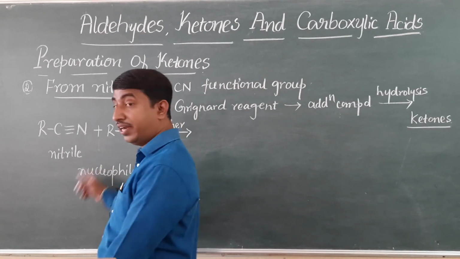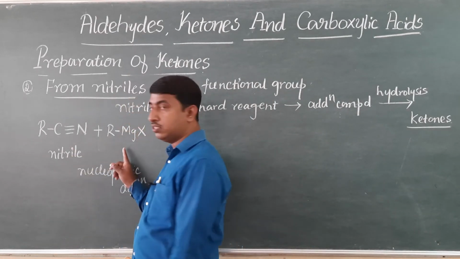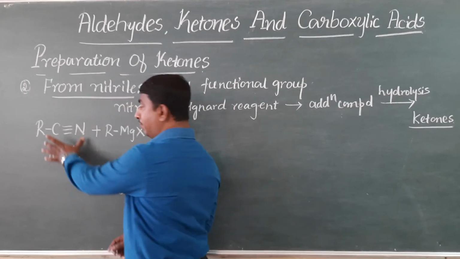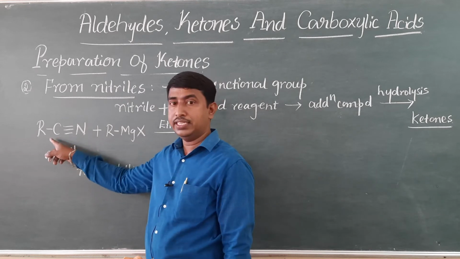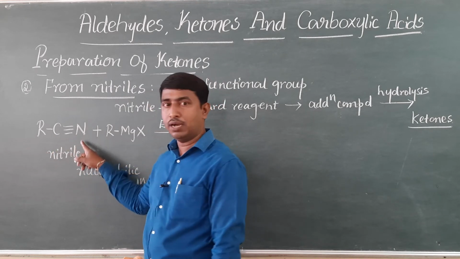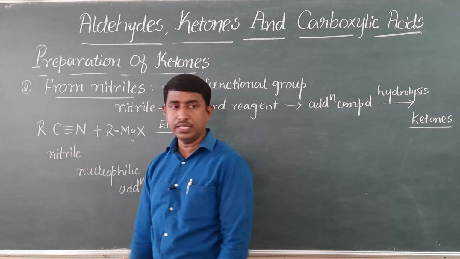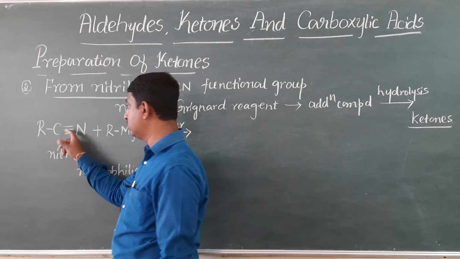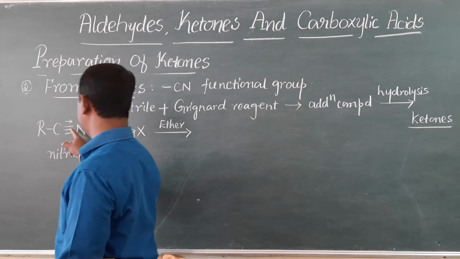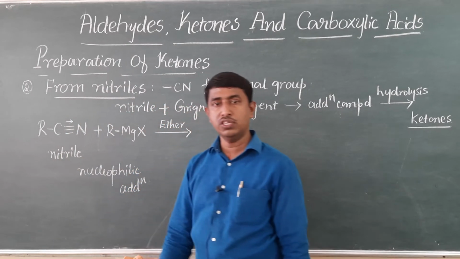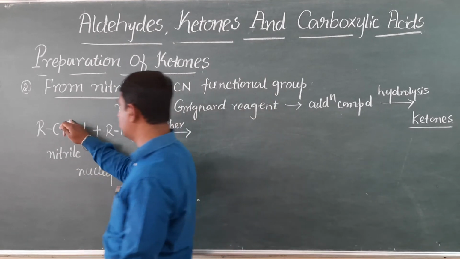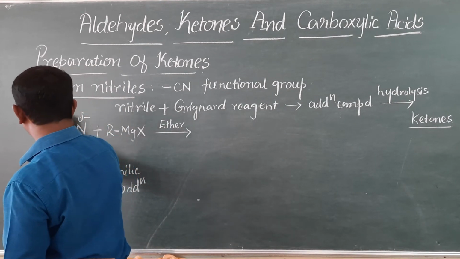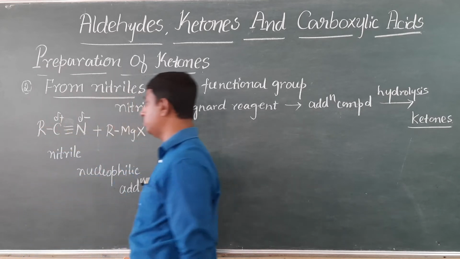Let us write the polarity in nitrile as well as in Grignard reagent. In nitrile, we know that carbon is less electronegative compared to nitrogen. So electrons will be shifted towards nitrogen. As a result, nitrogen gains partial negative charge and carbon gains partial positive charge.